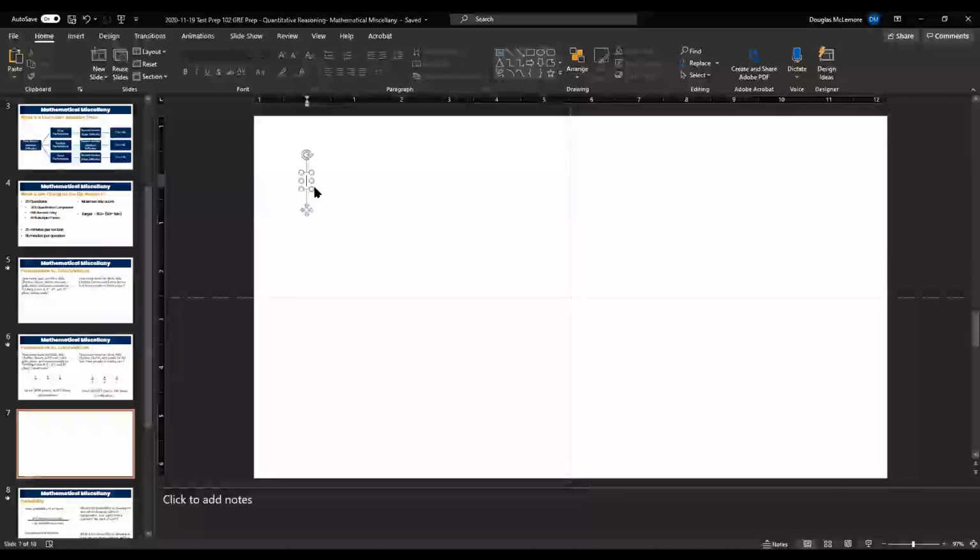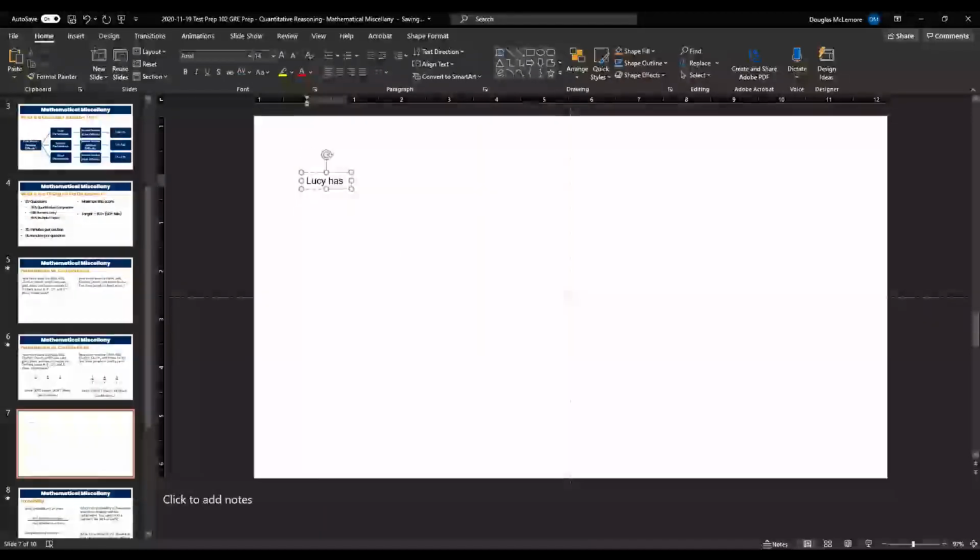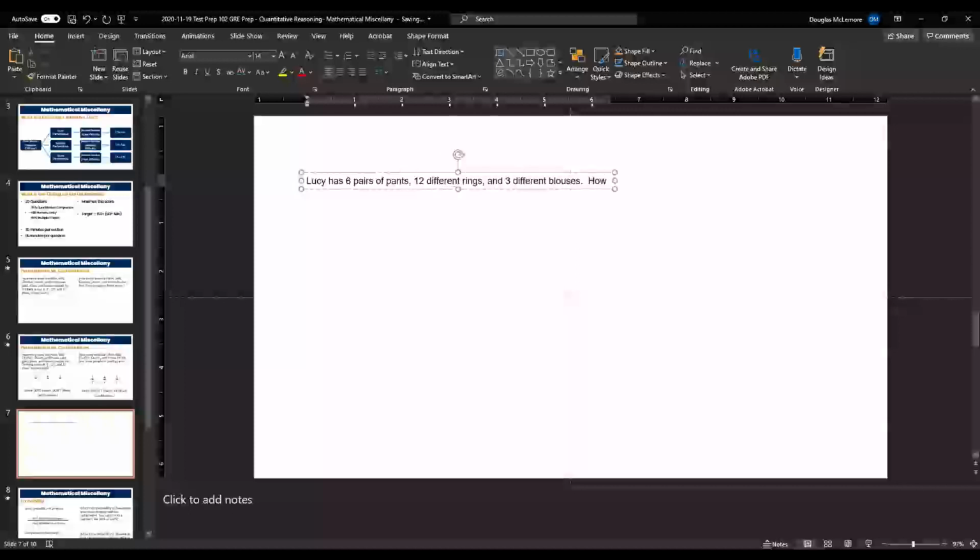Lucy has 6 pairs of pants, 12 different rings, and 3 different blouses. How many different outfits can she wear if she wears 1 ring on each hand?